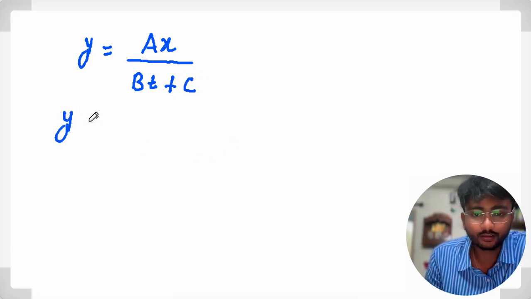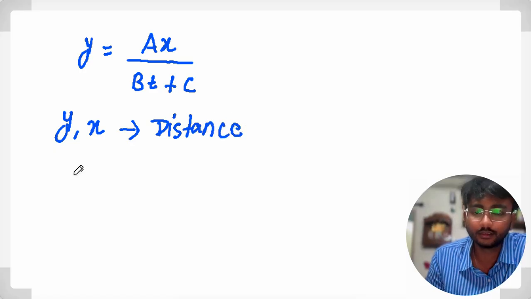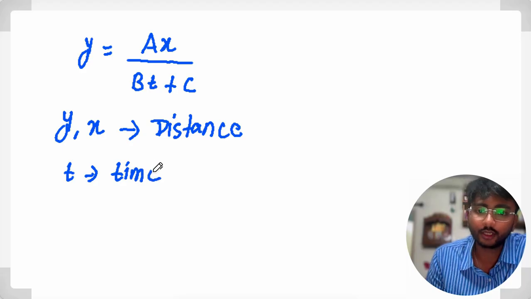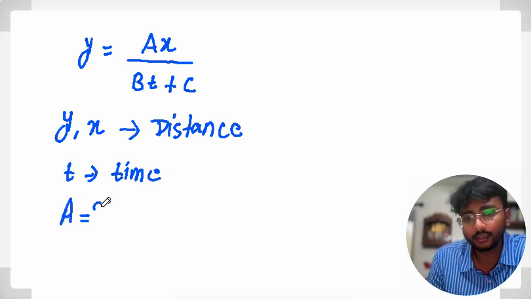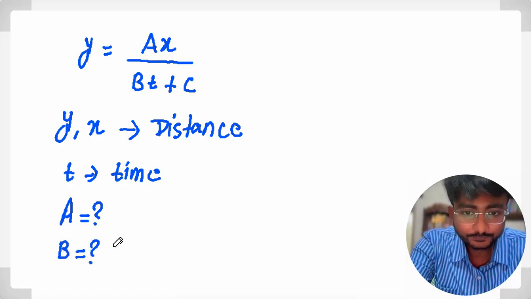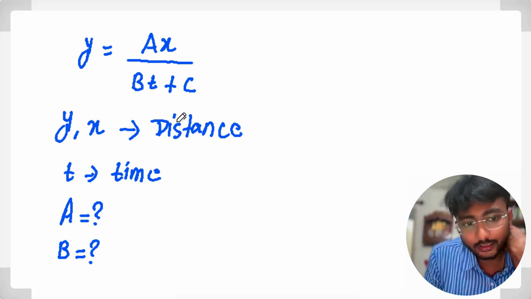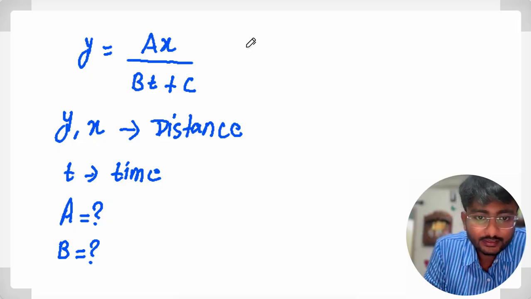Here y is distance, x is distance, and t is time. Now you have to calculate the dimension of A and the dimension of B. Okay, so how will we calculate the dimension of A and the dimension of B?